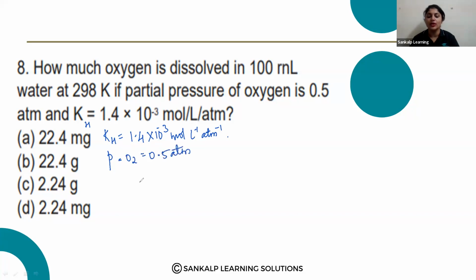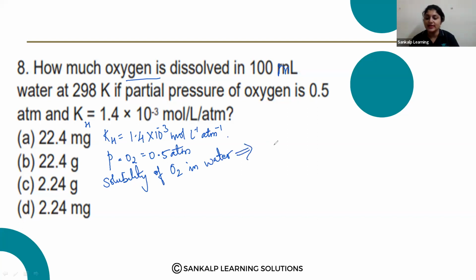I'm just writing what all are given. Now what do we have to calculate? We have to calculate how much oxygen is dissolved in 100 ml of water. Dissolved oxygen is nothing but the solubility, so we are calculating the solubility of oxygen in water.